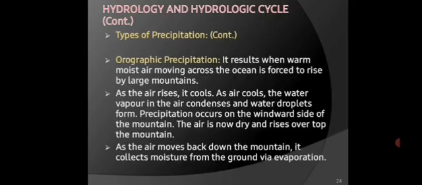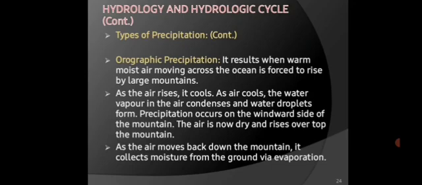Second is orographic precipitation. It results when warm moist air moving across the ocean is forced to rise by a large mountain. This is the process of orographic precipitation, that the air is lifted due to large mountains.